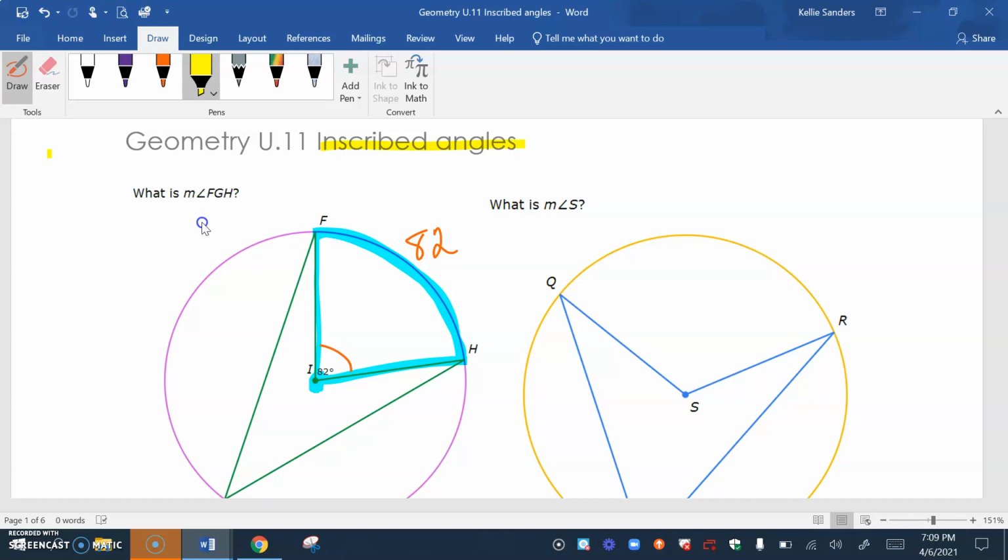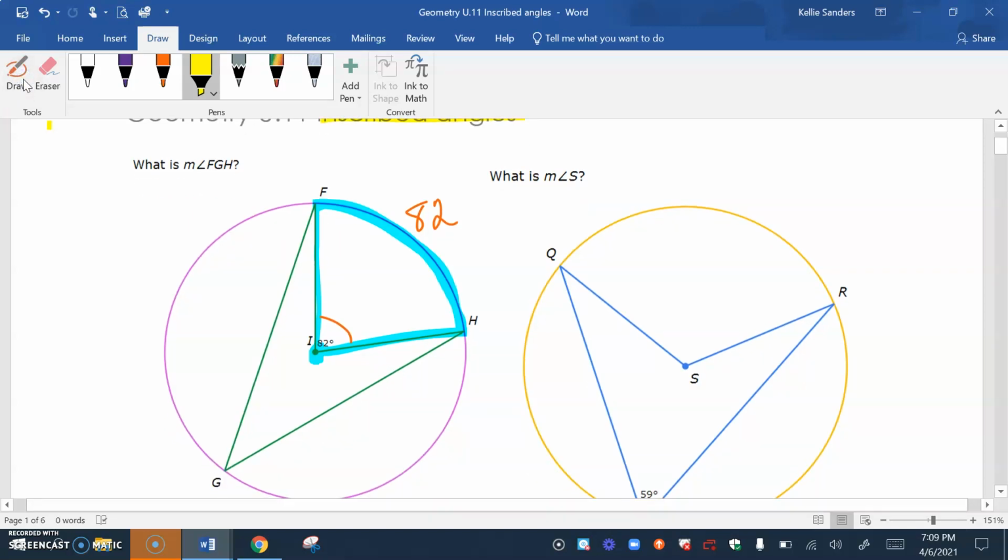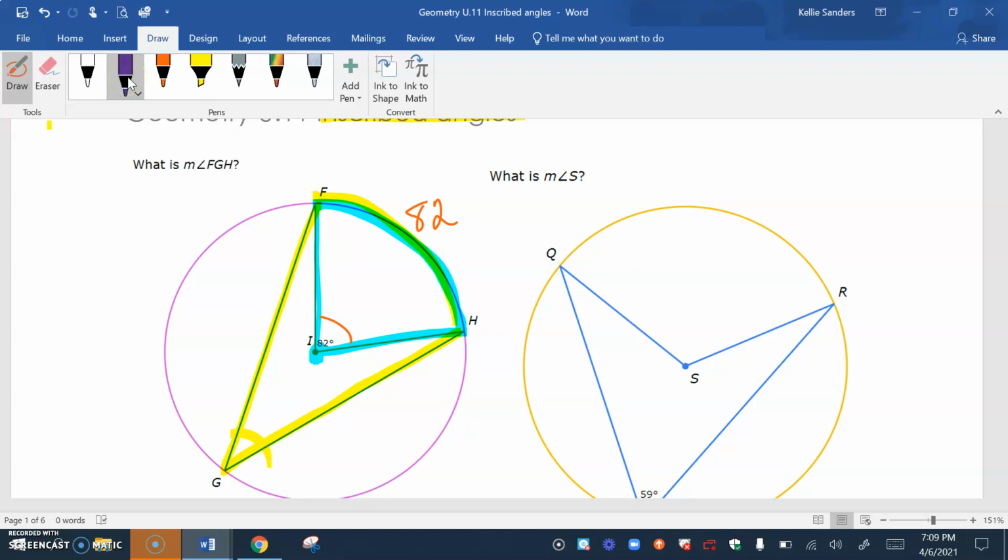Now, today's lesson is inscribed angles. An inscribed angle touches the edge of the circle and goes all the way through. Now, the relationship between the arc and the angle itself: the arc is 2 times the angle.